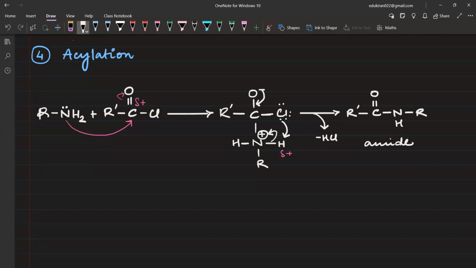Now, the same reaction, or rather I should say, the same type of product is given by different carboxylic acid derivatives such as ester से भी यही मिलता है आपको, acid anhydride से भी यही मिलता है. This is acid halide. ठीक है.